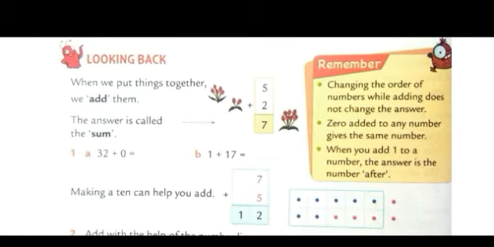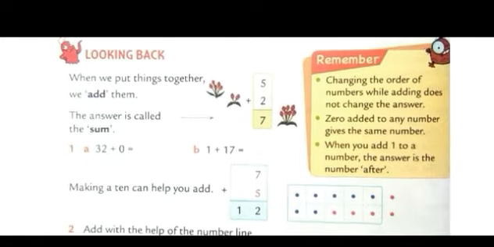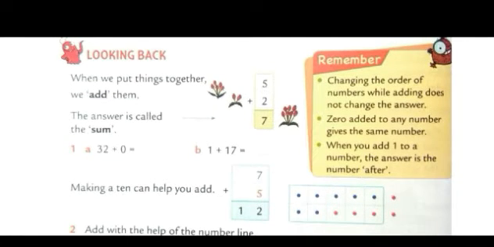Dear students, when we put things together, we add them. And the answer that we get is called the sum. Like here, the example that is given here, when we add 5 and 2, we'll get the answer 7. So, the answer here is 7.